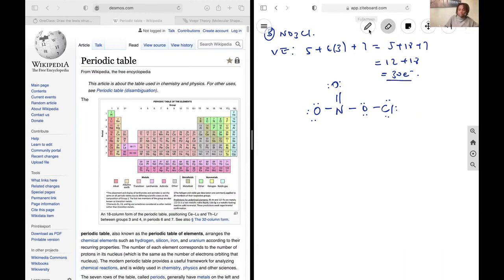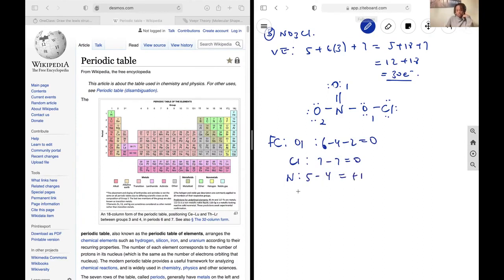And then next up, I want to check my formal charges again. So these two oxygens now have the same electron configuration, so let's label them. The oxygens are going to be 6 minus 4 minus 2, yielding 0. Chlorine is going to remain 7 minus 7, yielding 0. On the nitrogen, it is now 5 minus the 4 electrons it has in bonding pairs, yielding +1.